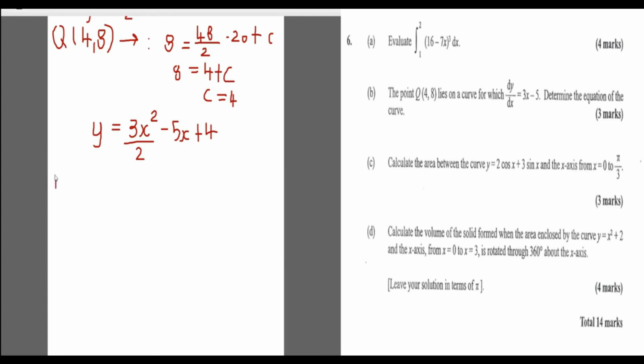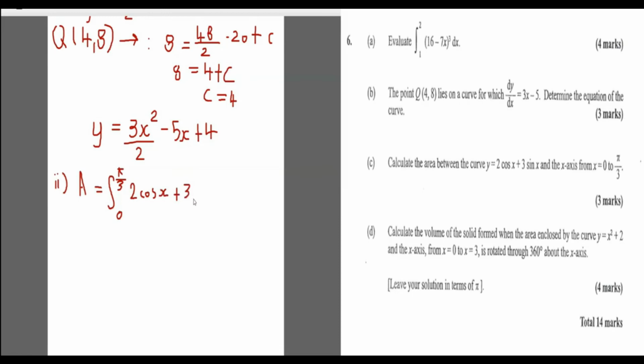So for part 2, I like to call area A. The area A is going to be equal to the integral from 0 to pi by 3 of the curve, and the curve is 2 cos x plus 3 sin x. So write that down, you're integrating 2 cos x plus 3 sin x.